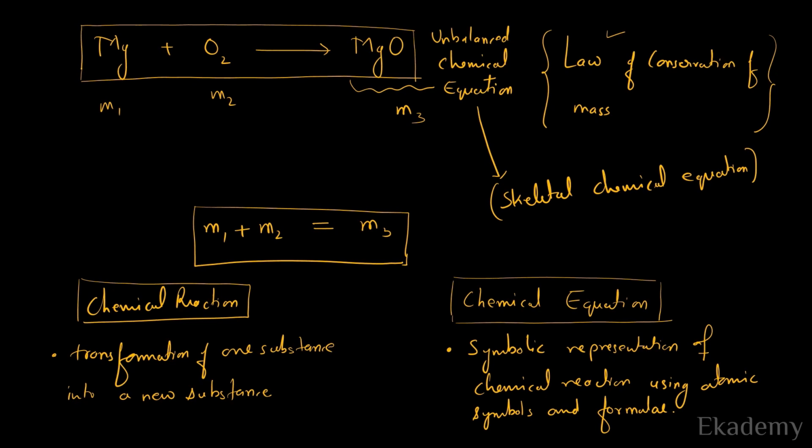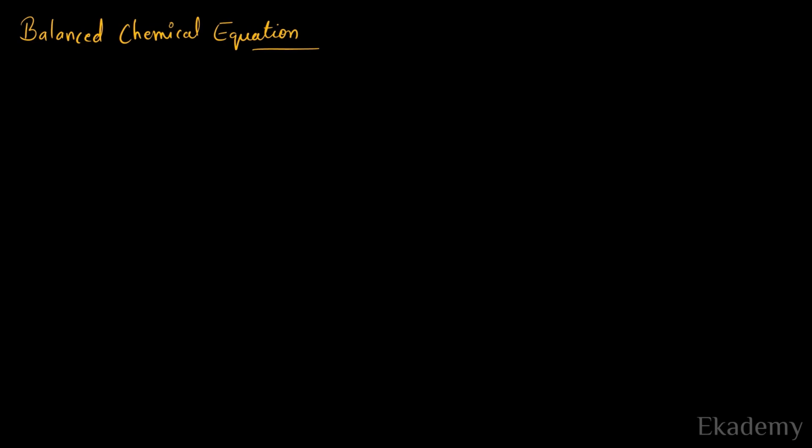Okay, so now let's see how to balance a chemical equation. For this, we must have a chemical equation. So let us write our previous chemical equation, which is the burning of magnesium.